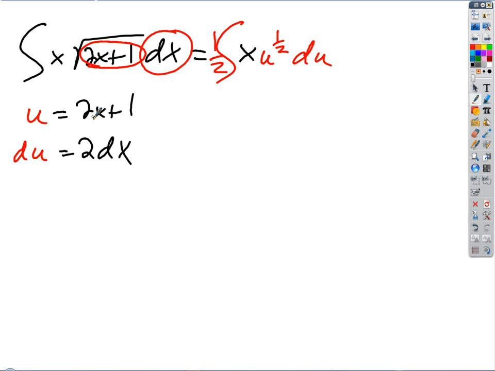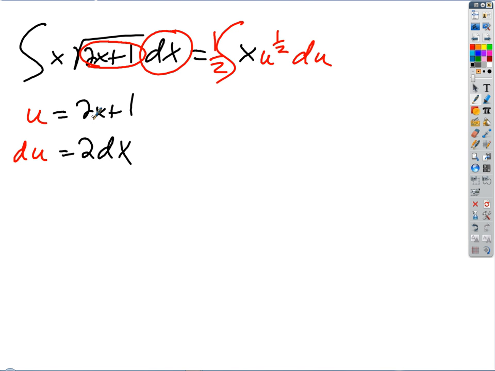Now, if that had been something like 2x plus 1 quantity squared, or a trig function, that would have been more complicated, and solving for x in terms of u would have been problematic, because maybe it would have had multiple solutions, and then we'd probably say, okay, this isn't working, and later on we'll have a better way of doing it. But this was an easy substitution.